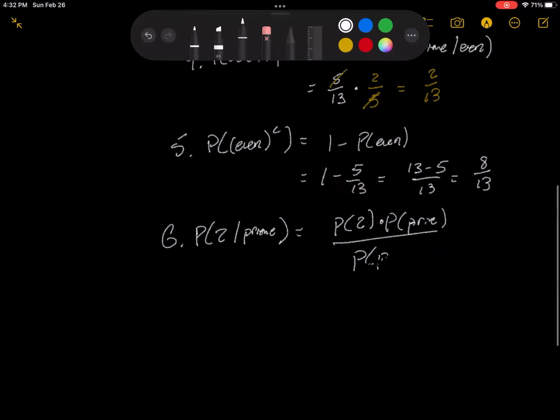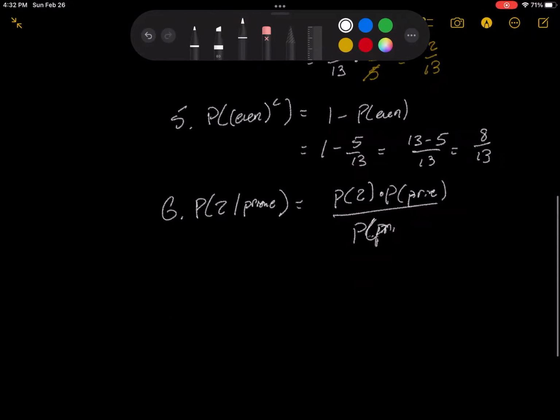Probability of prime, right? What are the odds that we rolled a 2 if we know that it's prime? Well, if we know that it's prime, then we don't have to compare to the entire sample space omega, just compare to the size of prime, because we know that we drew a prime number. And then how big does the space 2 take up out of the space of prime numbers?